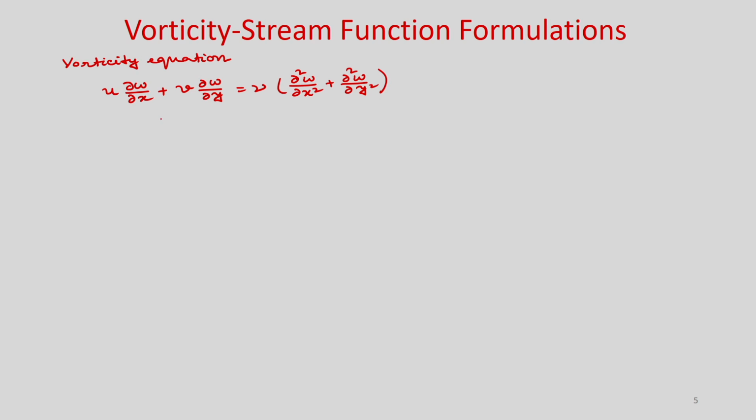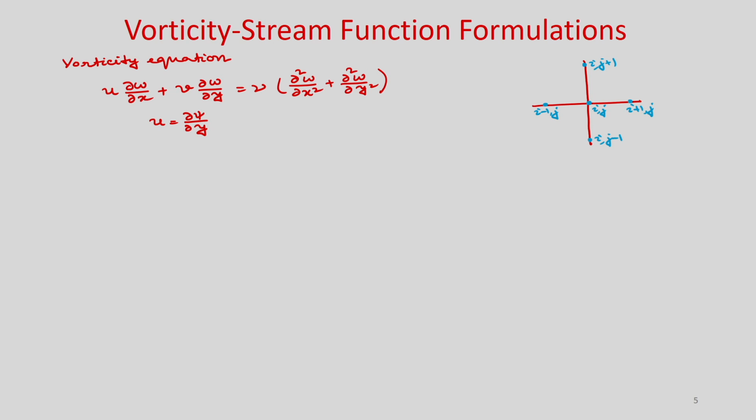So, u is del psi by del y. Okay. So, you can discretize this in a 2 dimensional grid. This is your (i+1,j), this is your (i-1,j), this is (i,j+1), and this is (i,j-1).